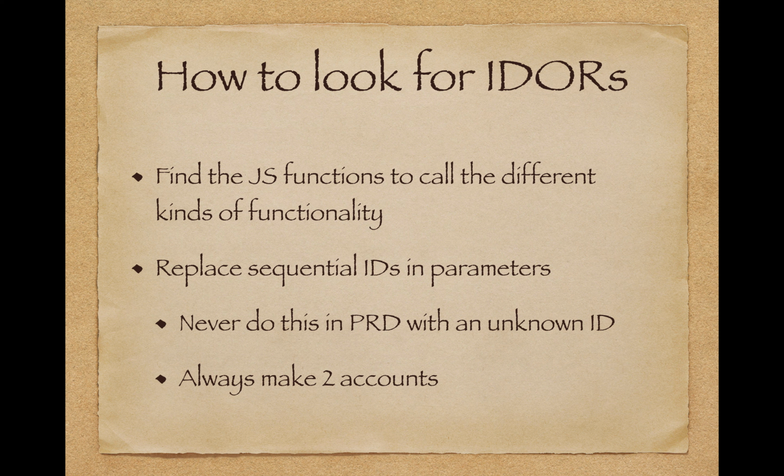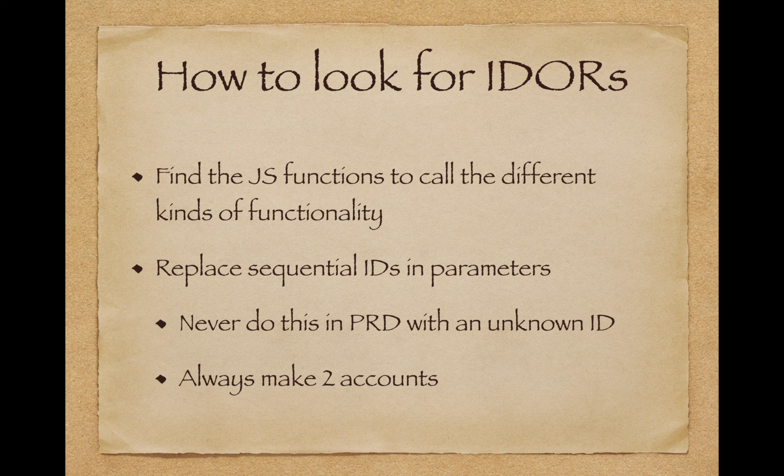Now, one thing I have to tell you, you're never allowed to do this with an unknown identifier in a production environment, especially not when you're editing or deleting something or creating something in a different account that's not yours. This is very bad because you could read GDPR data, you could read billing data, and you can still get sued.